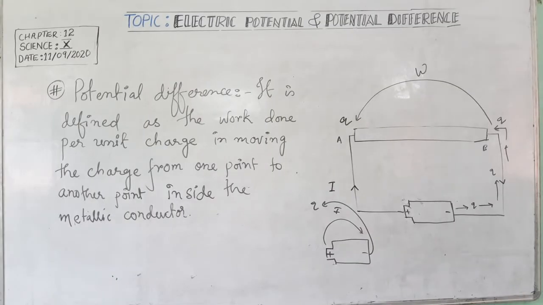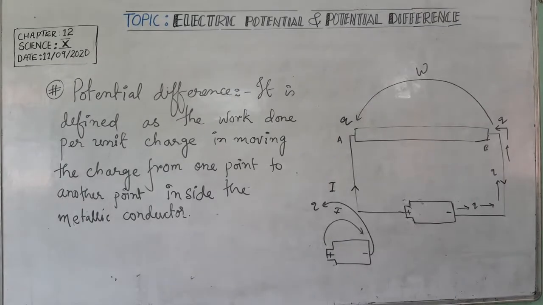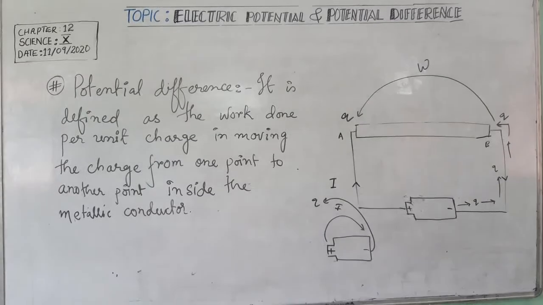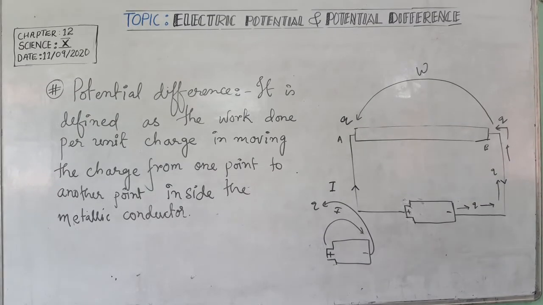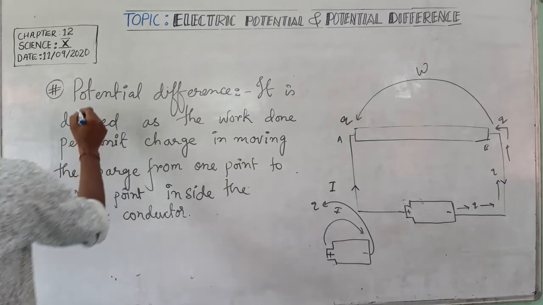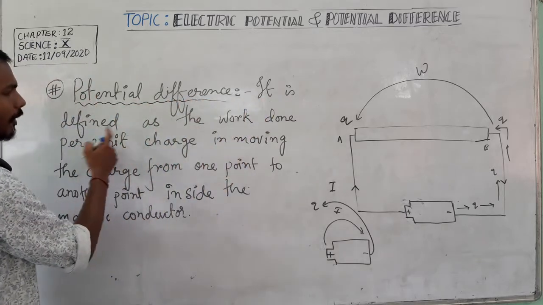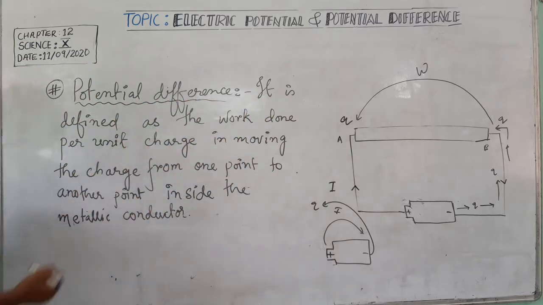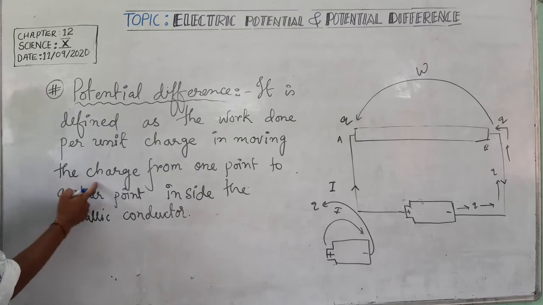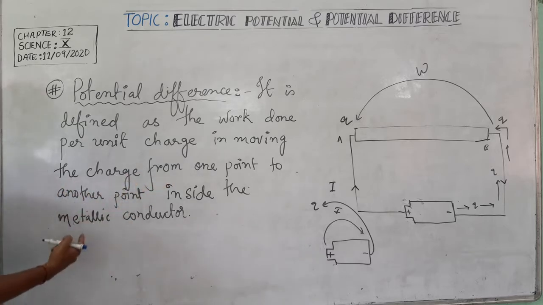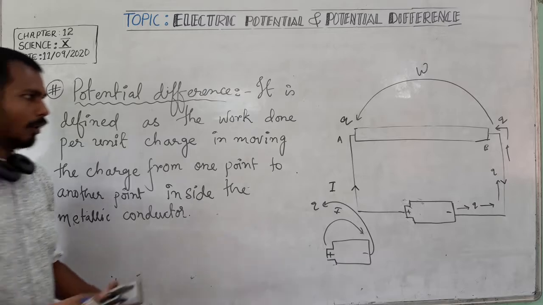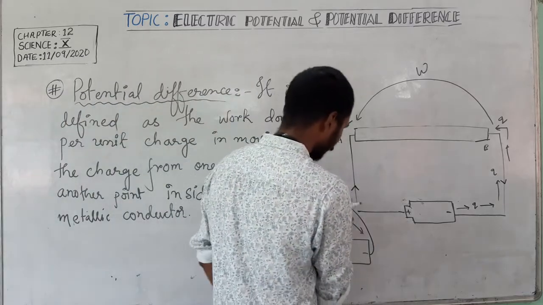Now see, potential difference is defined as the work done per unit charge in moving the charge from one point to another point inside the metallic conductor.